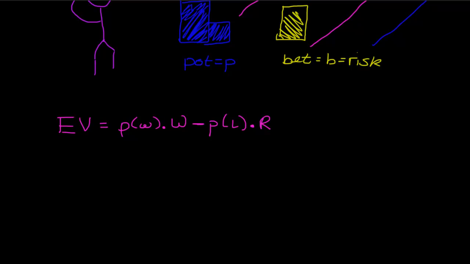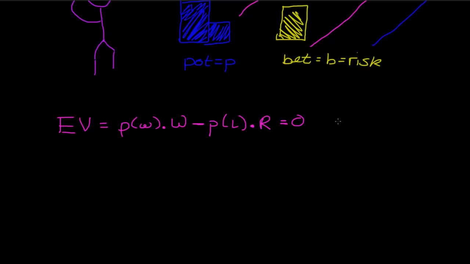Now we're going to set this equal to 0, because if our expected value is 0, we are winning the hand just often enough to break even. If we win any more often than this threshold, it's going to be plus EV.